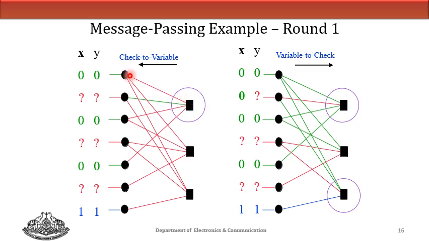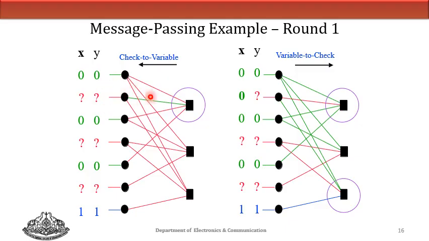So here there is no need to send a value towards this variable node because its value is already known. Considering the first check node, this connection has a known value, and this connection also has a known value. So it has to consider only the second variable node message.